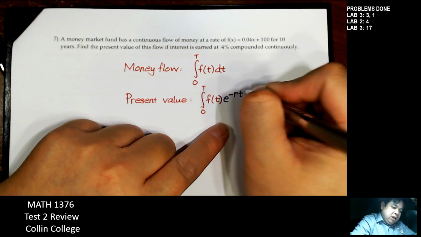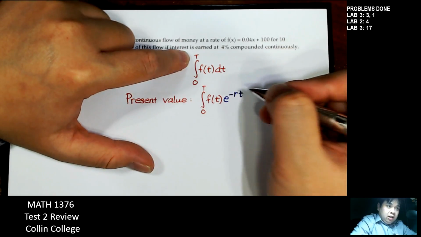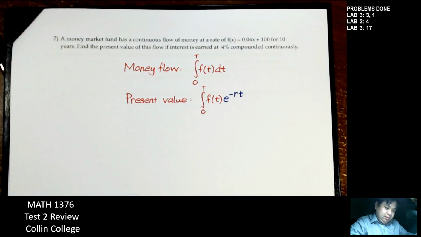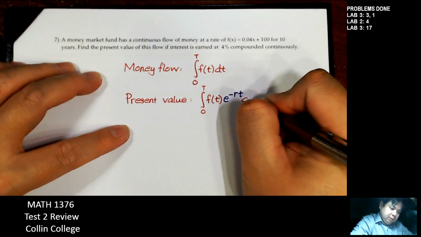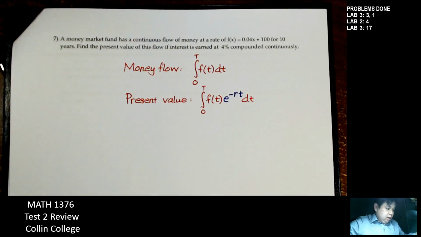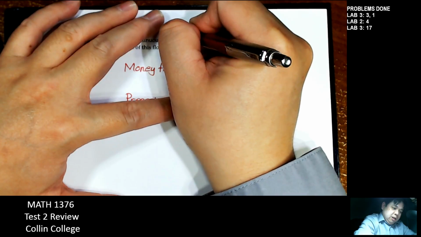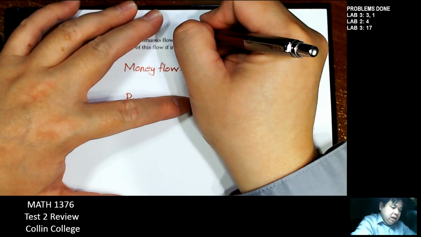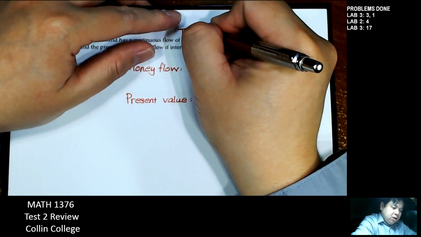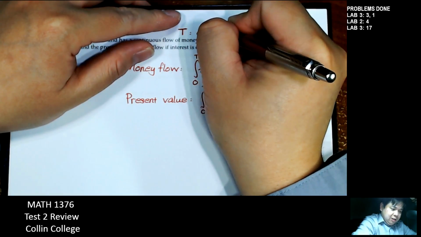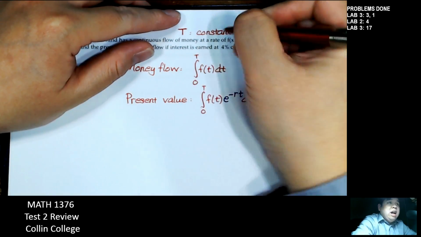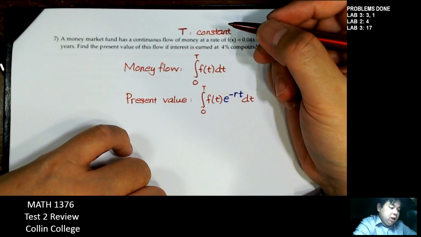Notice that this is the little t, and this is the uppercase T. Capital T is a constant, and will be given in the problem.